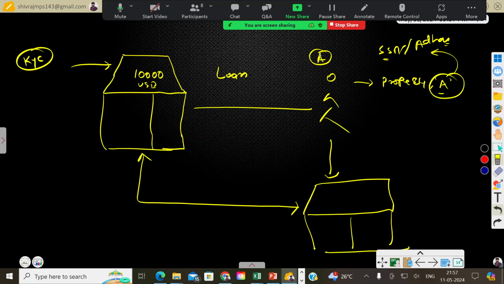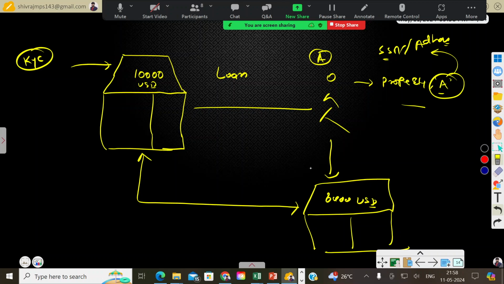Let's take this example the other way around. Let's say you have just submitted one property document and SSN, and the bank agreed on a loan amount of, let's say, $8,000 on this property.